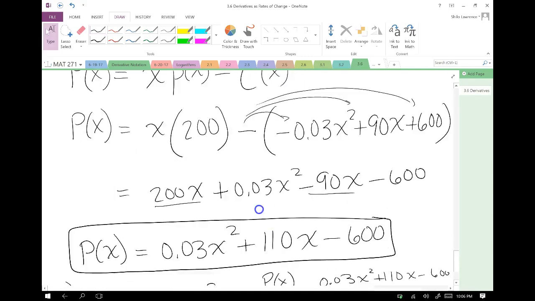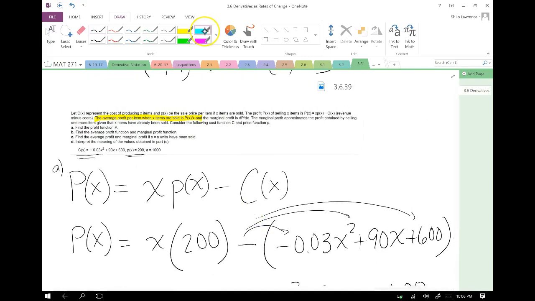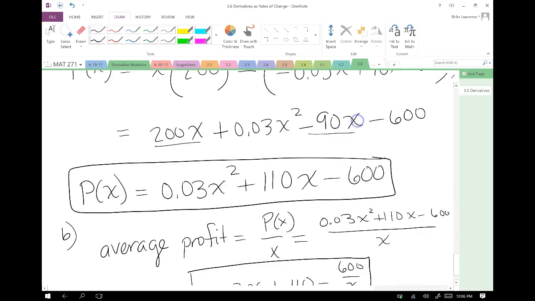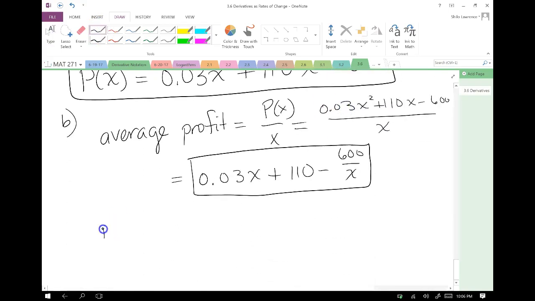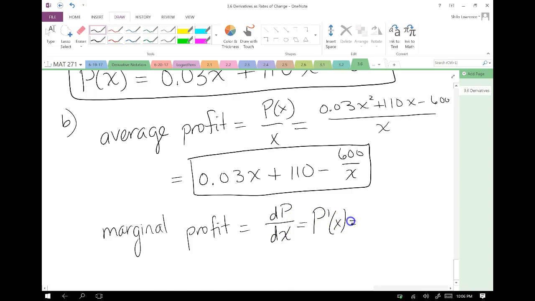Marginal profit says marginal profit is the derivative. dP/dx is the notation for derivative, the derivative of P with respect to x, or P prime of x.